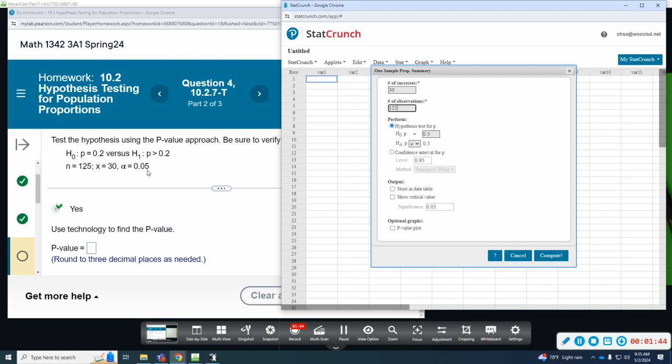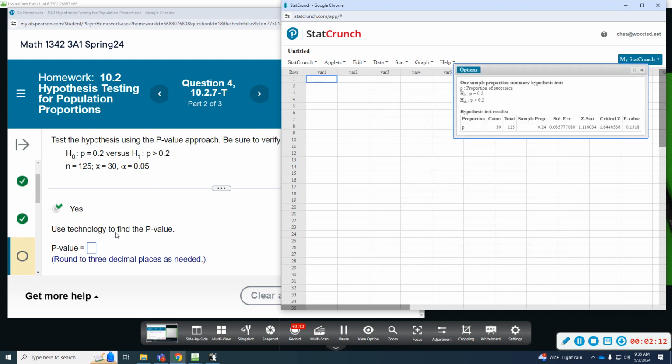We are looking at the null proportion being 0.2, so I'm going to change this to 0.2. We want a right-sided test, so change this to greater than. Alpha is 0.05, so that is fine. We're going to click show the critical value, and then we're going to compute.